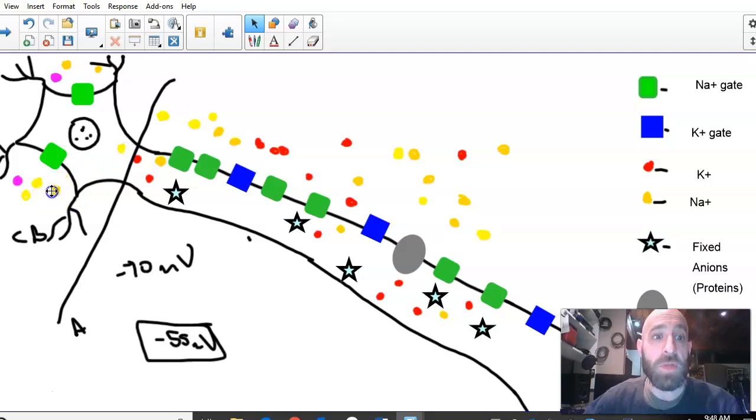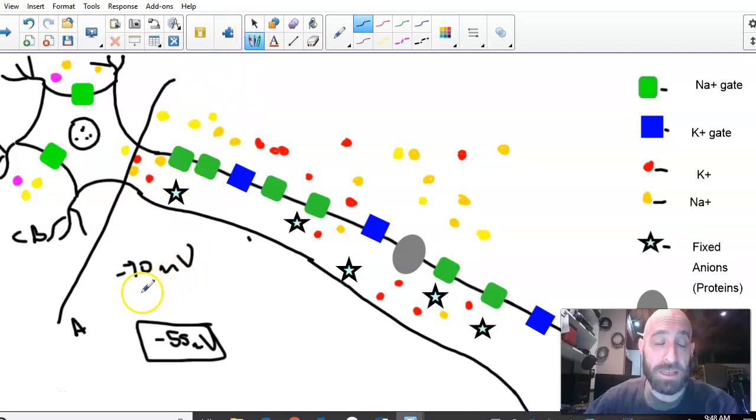But I do want to let you know that at a certain point sodium starts to accumulate down here at what's considered the axon hillock. And what that does is it starts to make this membrane slightly more positive because we're adding more sodium down here. So it'll go from negative 70 to, let's say, negative 65. It is more depolarized, but it still hasn't reached negative 55.